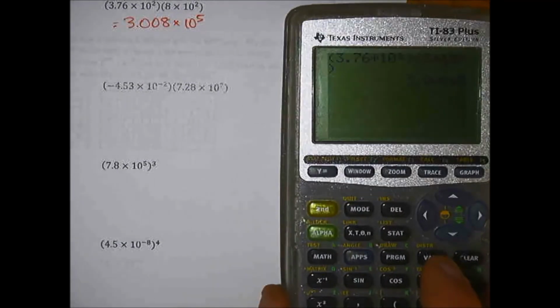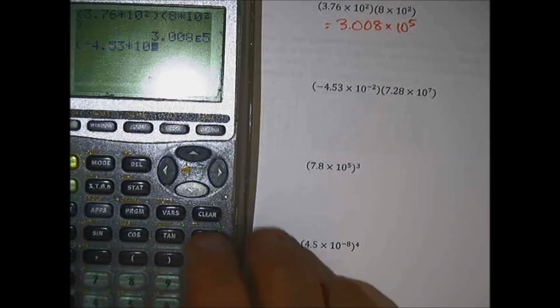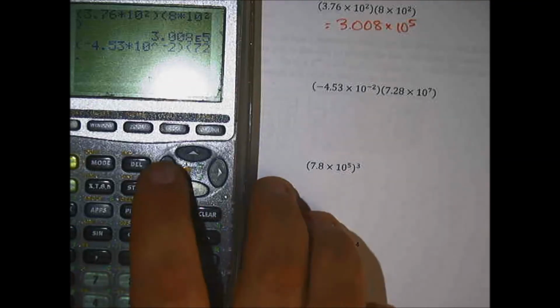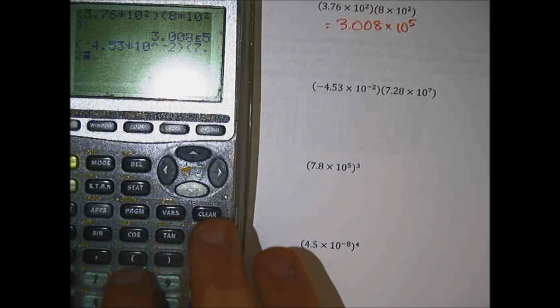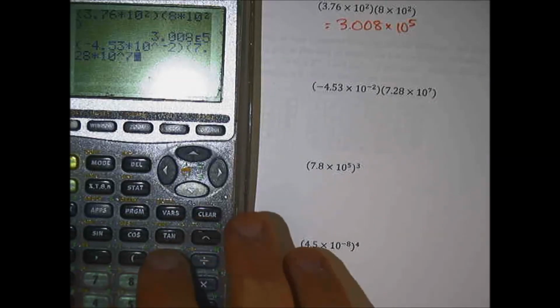Let's go ahead and look at the next one. I'm going to switch this over here so we can kind of see everything. And let's look. We have negative 4.53 times 10 to the negative 2. And then we have 7.28, not 72.8, 7.28 times 10 to the 7th.